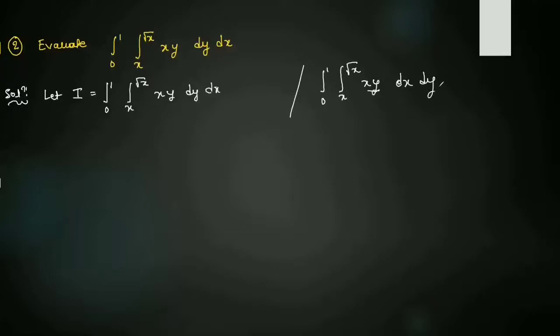Now you tell me, as you said this is x and this is y. What about here? Y and x. It's wrong. Yes, sir, it's wrong.